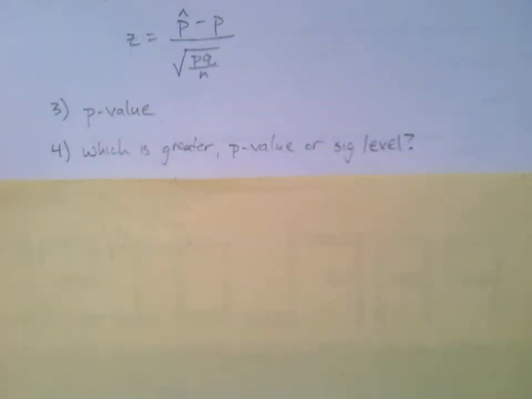And then step 4, which is greater? Is the p-value greater, or is the significance level greater? And the significance level is told to us back in the original statement of the problem, alpha, although sometimes we have to use alpha over 2. We'll see that again in chapter 10.